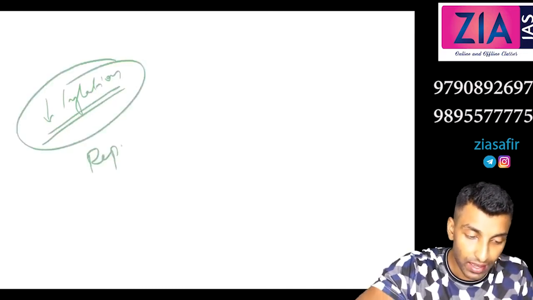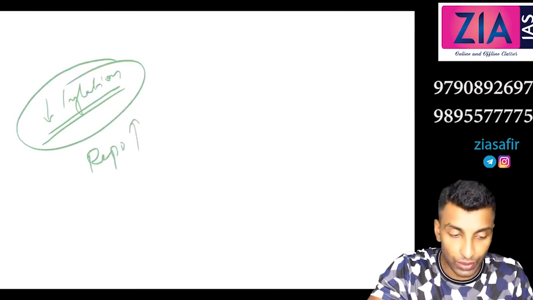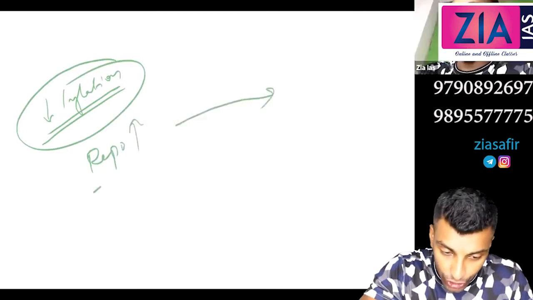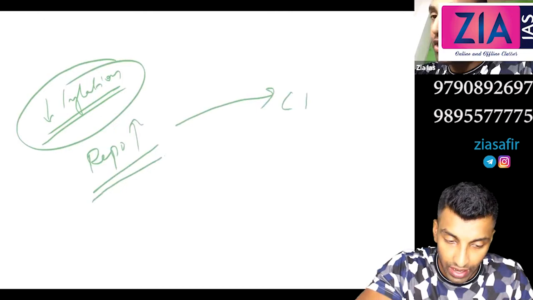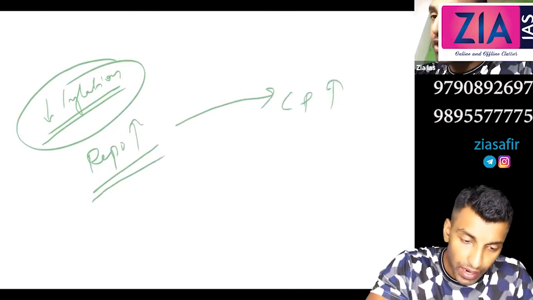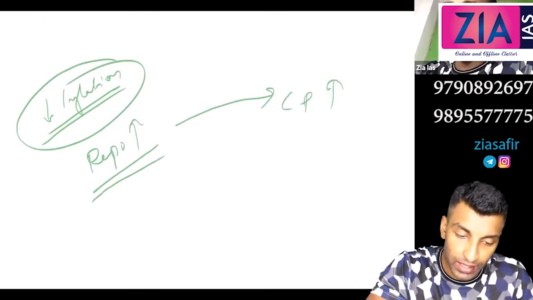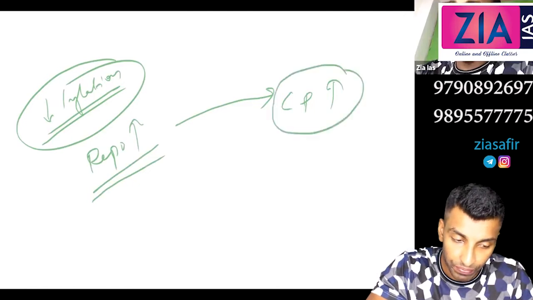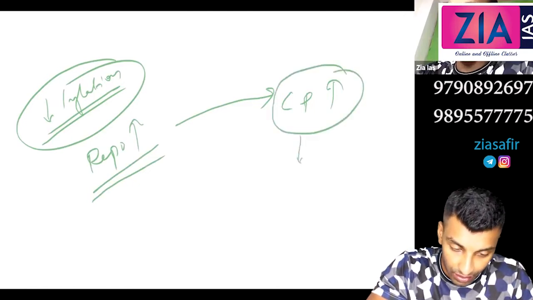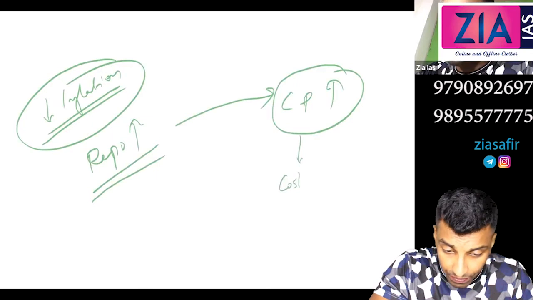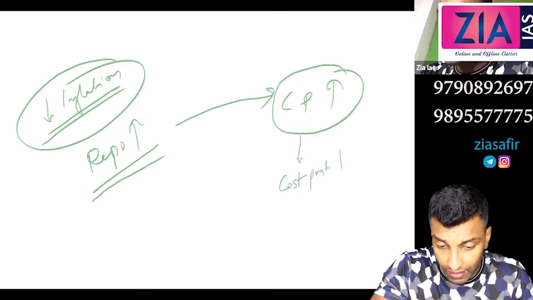Repo. Repo will increase. But here what I am saying, when you increase repo, the cost of production is increasing. Why? Because money is costing more, so cost of production is increasing. That leads to what? Cost push inflation, right?